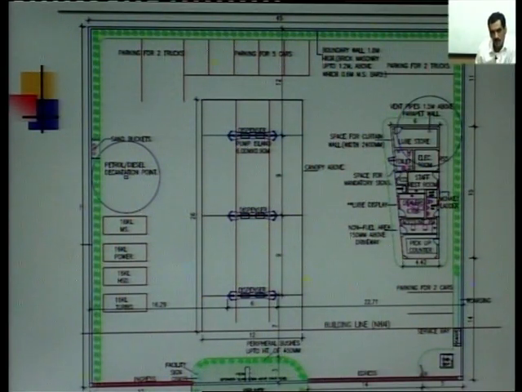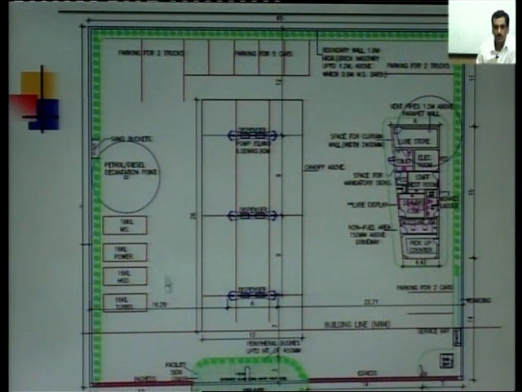A person sitting in the office can have entire control on how much fuel is there in a particular tank and how much has been sold in one particular hour, and from there it is connected to the main server in the zonal or head office, and one can come to know how much sale has been done in a particular time, on particular days, in a particular month.